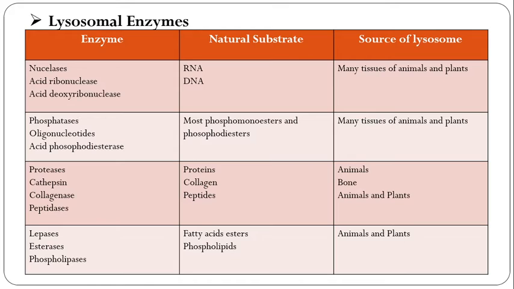The next enzymes are lipase, esterase and phospholipase. For lipase the natural substrate is fatty acids, for esterase it is esters, and for phospholipase the natural substrate is phospholipids. Here also the source of lysosomes is all animals and plants.